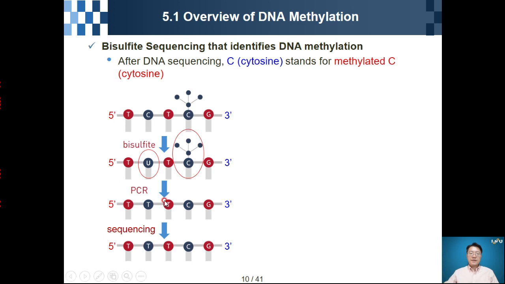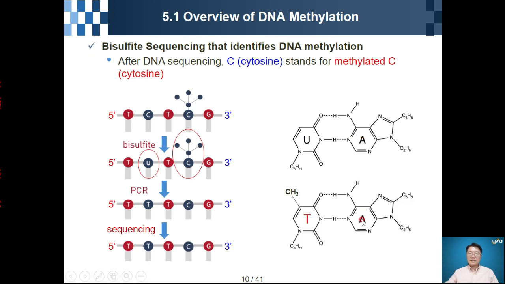During the PCR reactions, uracil will pair with adenine. After one more PCR reaction, adenine will pair with thymine. So finally, uracil will be changed to thymine, and after sequencing we can observe thymine.